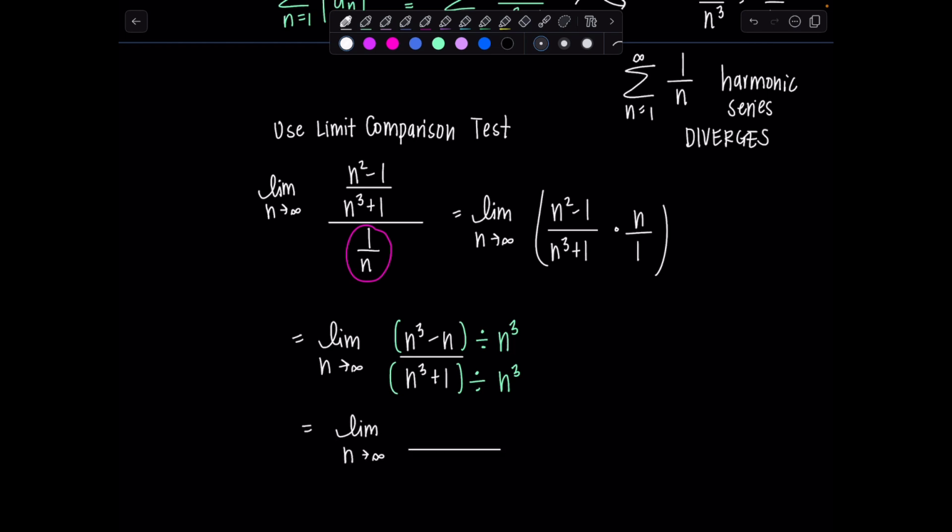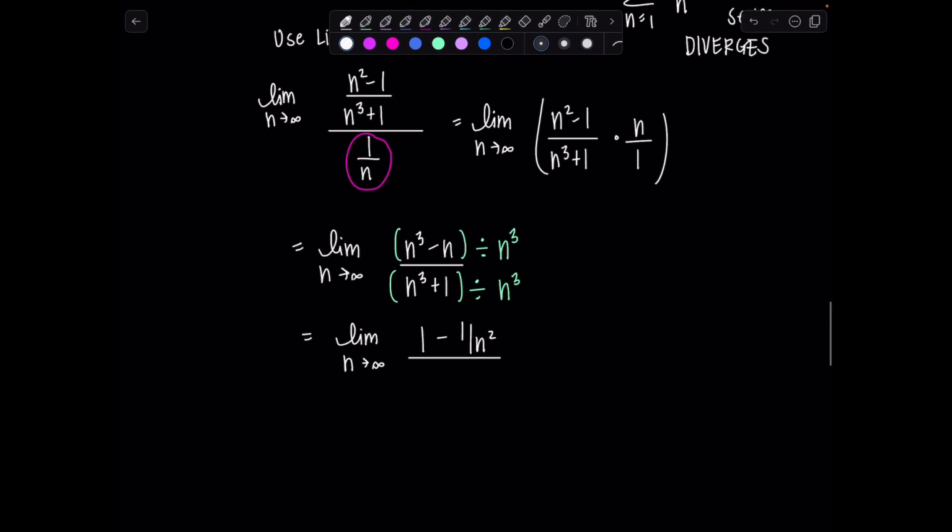In the numerator, I'm going to have 1 minus 1 over n squared. And then in the denominator, 1 plus 1 over n cubed. Okay. 1 over n squared is going to go to 0. 1 over n cubed goes to 0. So I'm just left with 1 over 1. Boom.